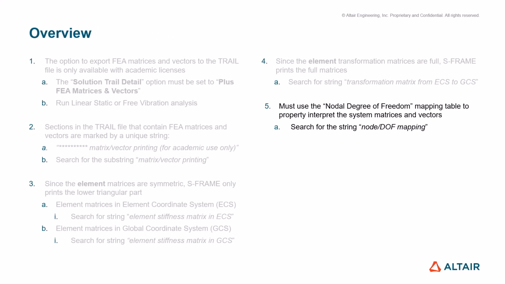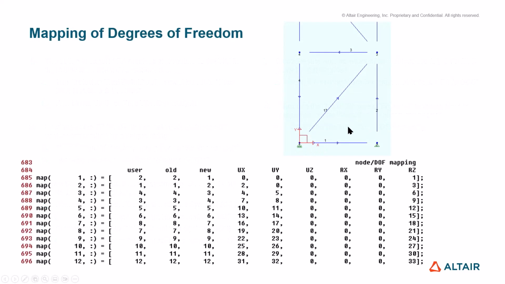As mentioned earlier, because the solver renumbers the joints, you will need some additional information in order to interpret the system matrices and vectors. And that is in the form of a table, and we refer to that as the degree of freedom mapping table, which you can see here.